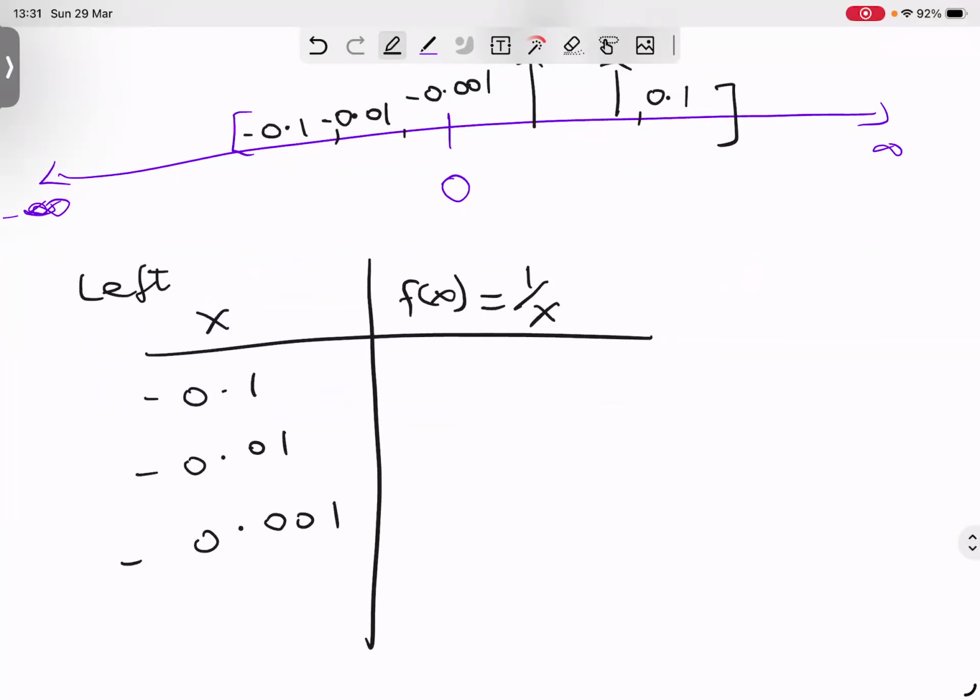So wherever we see x is where we are going to put the negative 0.1, negative 0.01, and then negative 0.001. So when x is equal to negative 0.1, our f of x is equal to 1 over negative 0.1. And that will give us, we are dividing by a decimal, so that would be negative 10.